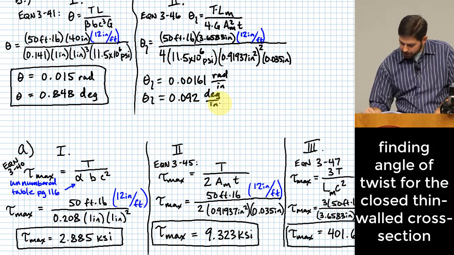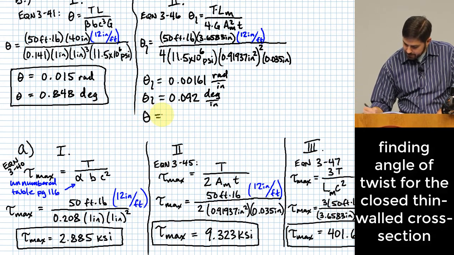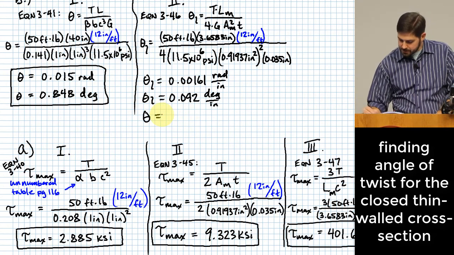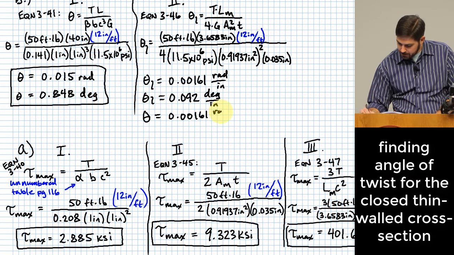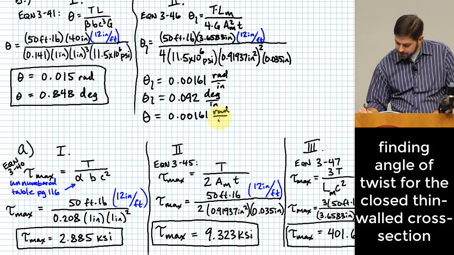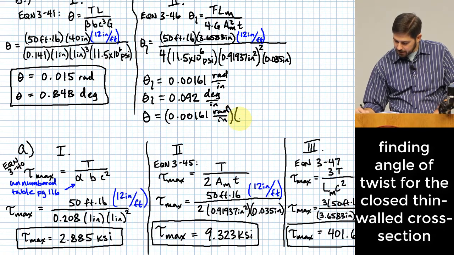Okay, if you want to know theta, you take one of these values, like 0.00161 radians per inch, and you multiply it by the total length of the rod.